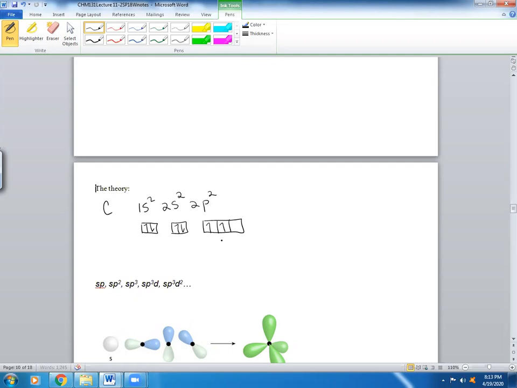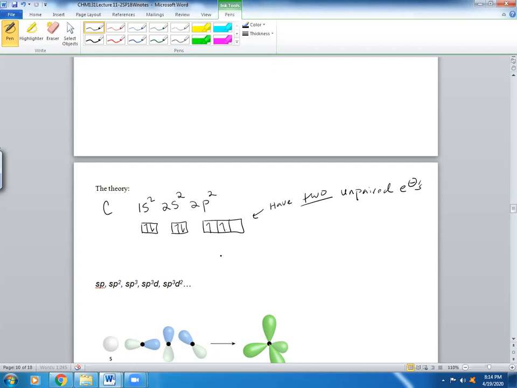Okay. Now, think about it. This tells us that we only have two, this is the key, unpaired electrons. That's what it says.